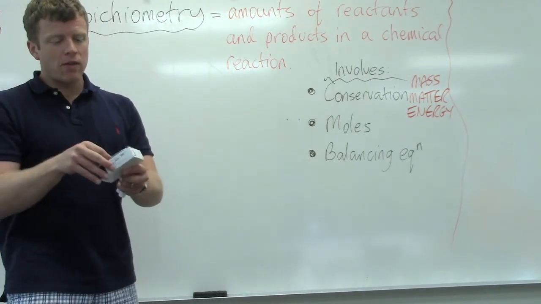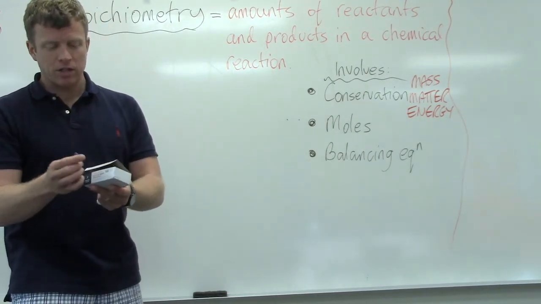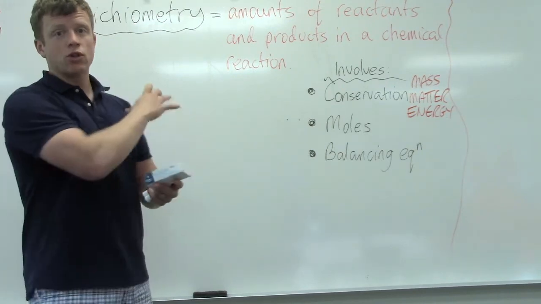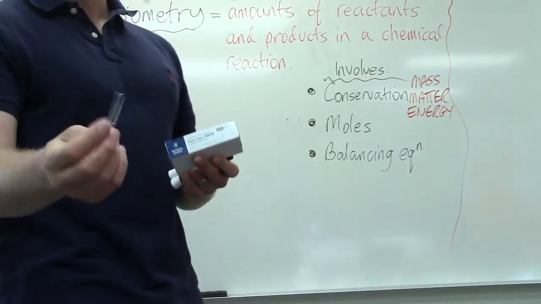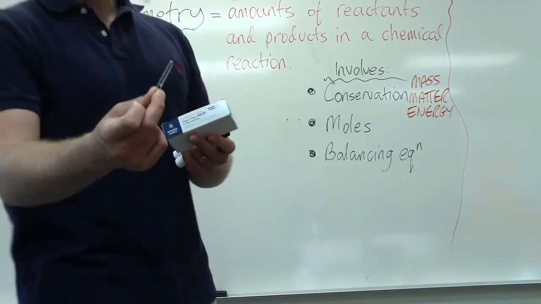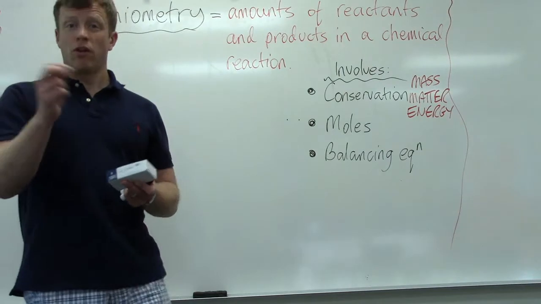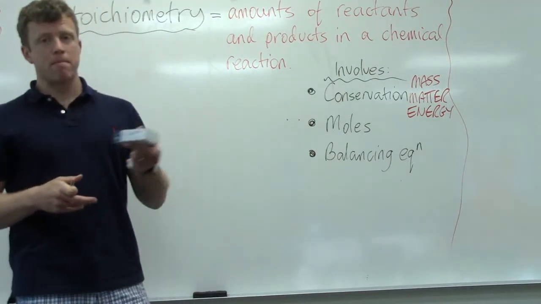Well, the way that they probably do it is very similar to how we'll use stoichiometry, and how I'll demonstrate that in a second. If you figure out how much one paperclip weighs, and then you multiply that by 100, then you can just measure by mass.